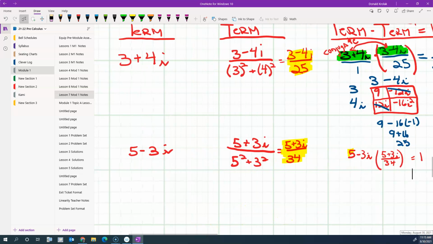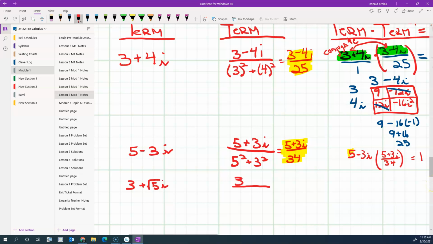Okay, let's make it a little bit more involved now. Let's try, how about 3 plus root 5 i? Conjugate. What do you think, Christian? Don't know? Okay, so let's take the top. You're going to rewrite it. Notice the pattern there. So what would the numerator be?